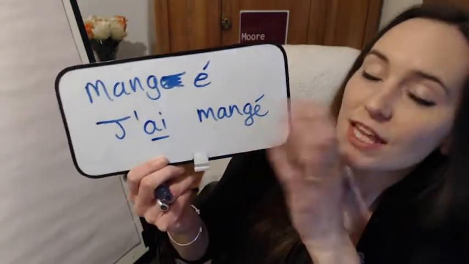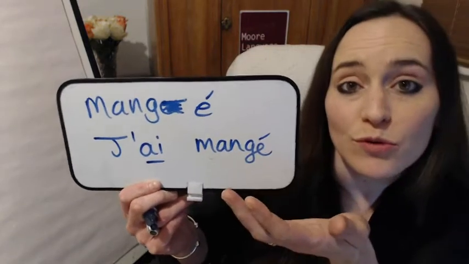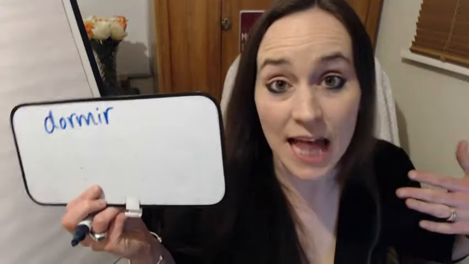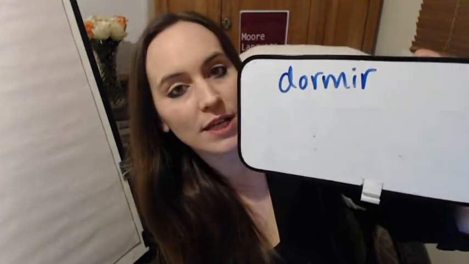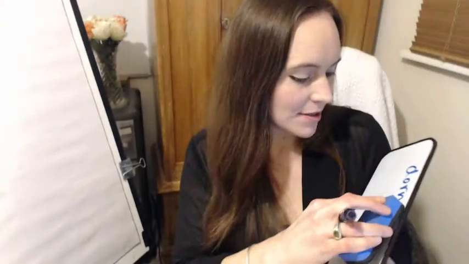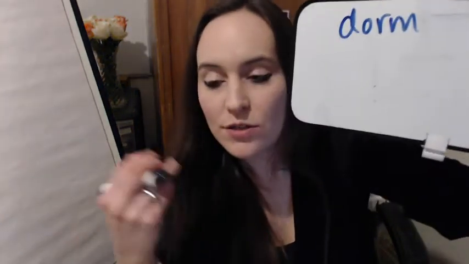So that's how a normal ER verb changes. And remember, we're looking at irregular ones in this video. So what happens to IR verbs? For example, dormir. If I want to say I have slept or I slept, we take an IR verb like dormir, get rid of the ending, and that leaves us with the stem of the verb, dorm.